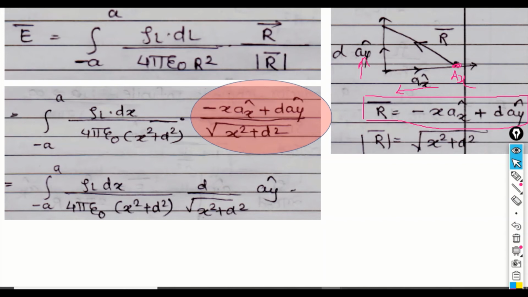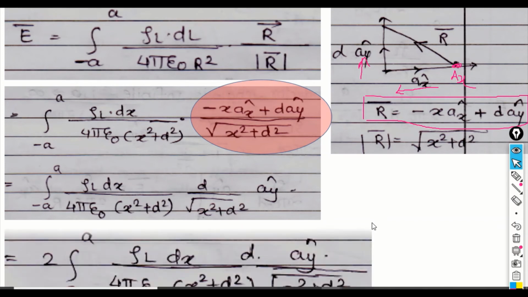So now we will be taking only the term d into ay cap. So x ax cap I should substitute as equal to 0. What I get is only d ay cap divided by x square plus d square. So integration is from minus a to a. You can make it 2 times, so it will be 0 to a and other things remain the same.